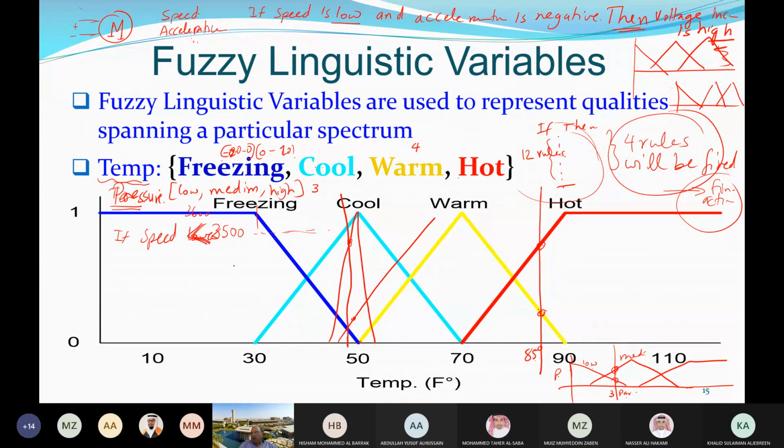Now this is the problem, ya Abdullah. This is the problem that we are trying to avoid. When you use a numerical value, then less than this, but if it is 3501, it is just above this. Do you think 3501 is very far from below 3500?